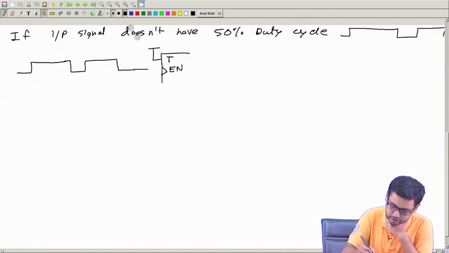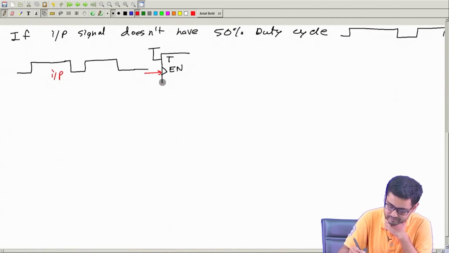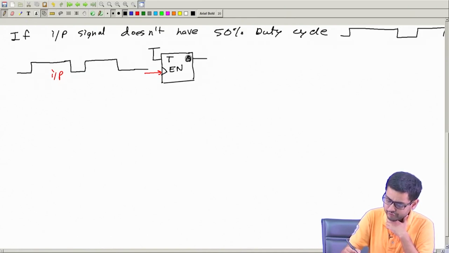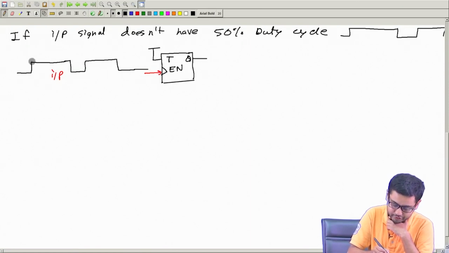Now, what will happen? How will the output look? The output Q will change at every rising edge, right. This is a positive edge triggered flip flop. So, at every rising edge Q will change.